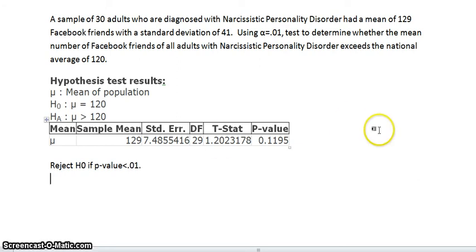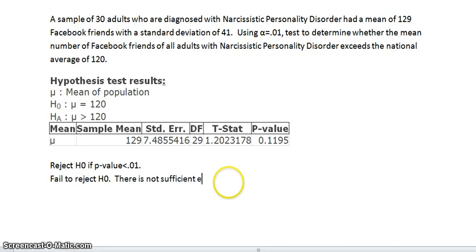And here our p-value is not less than 0.01, therefore we would fail to reject H naught and say that there is not sufficient evidence to conclude that mu is greater than 120. In other words, we can't determine from this data whether people who have narcissistic personality disorder have more Facebook friends than average.